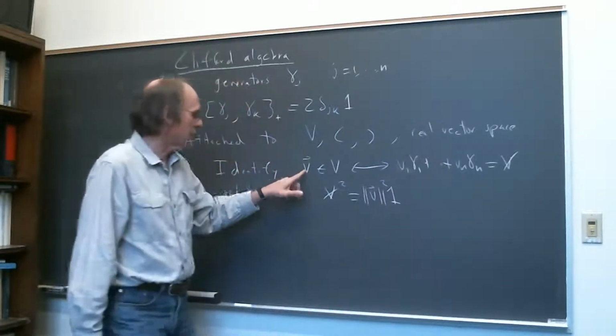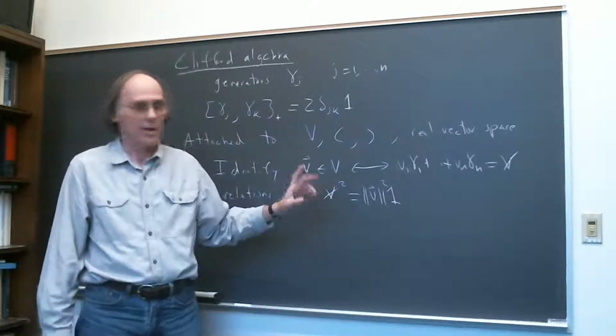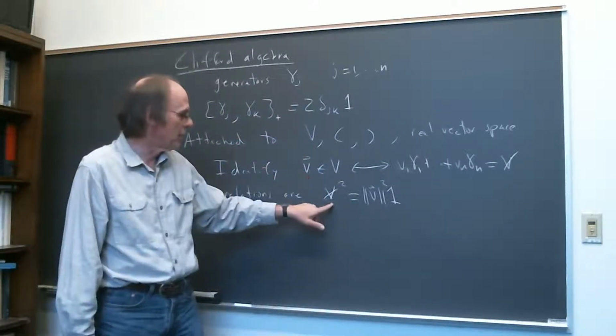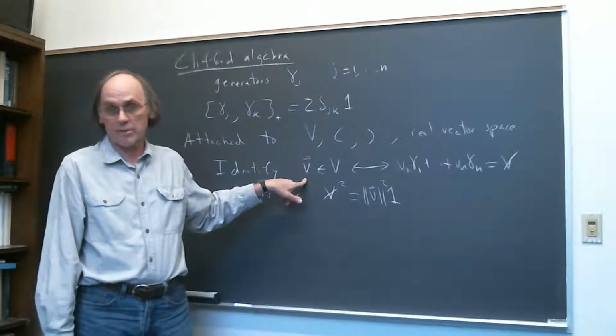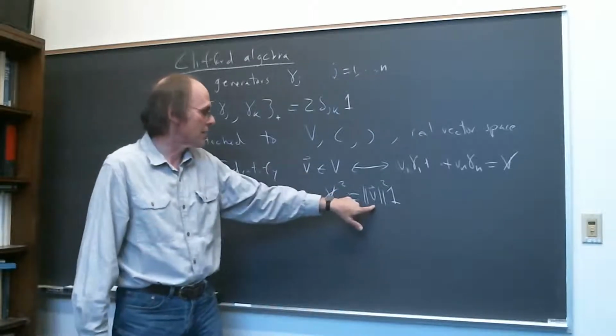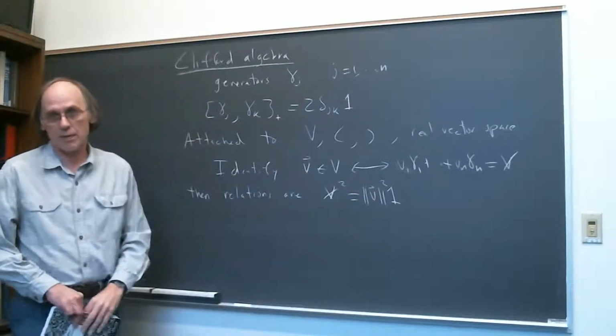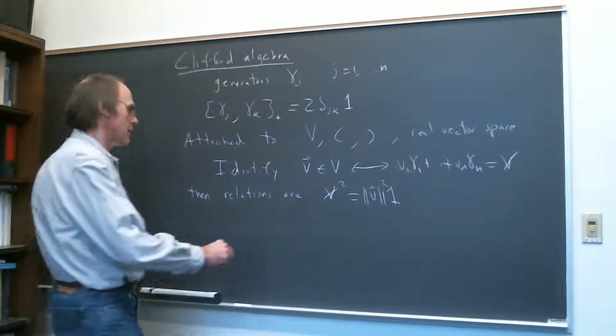So now you can take vectors and start multiplying them, and if you multiply a vector by itself, which is something you can't do in a normal vector space, it's given by just the square of its size.